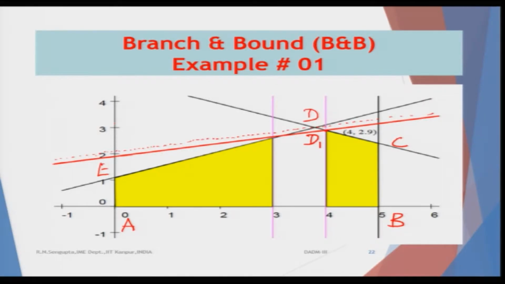So, I need to basically change the search space of x2, considering that x2 is now 2.9, which means x2 can either be in the second branch, it can be 3 or 2.